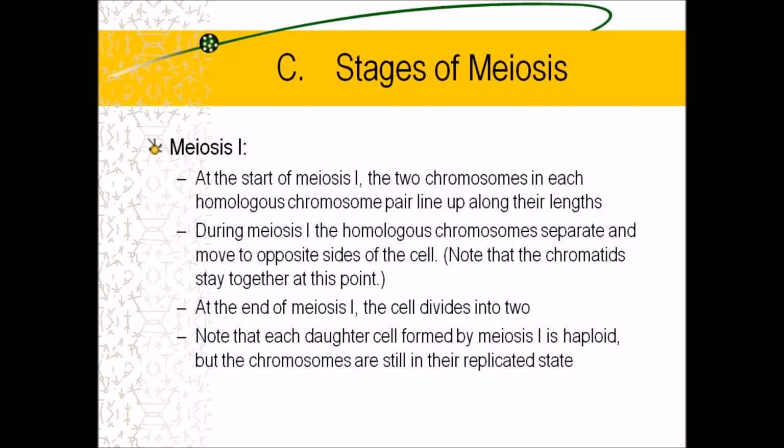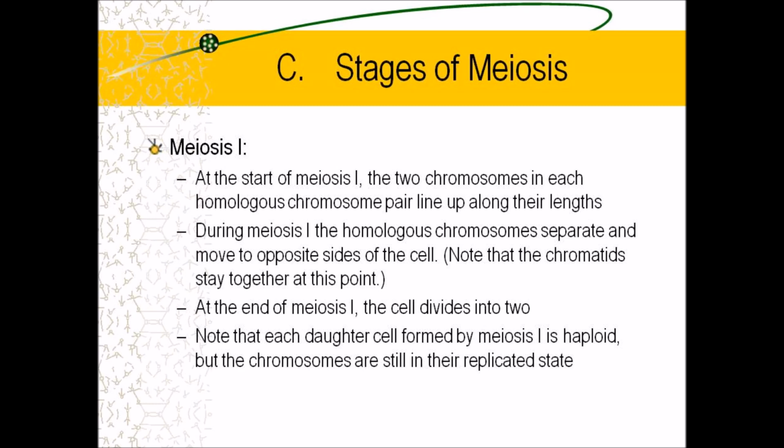Now we will see the difference, or the overall picture, in meiosis 1 and meiosis 2. In meiosis 1, we will have all the 4 stages that you have learned in mitosis, which is prophase, metaphase, anaphase, and telophase. But in meiosis 1, we give them a name by putting the number 1 there.